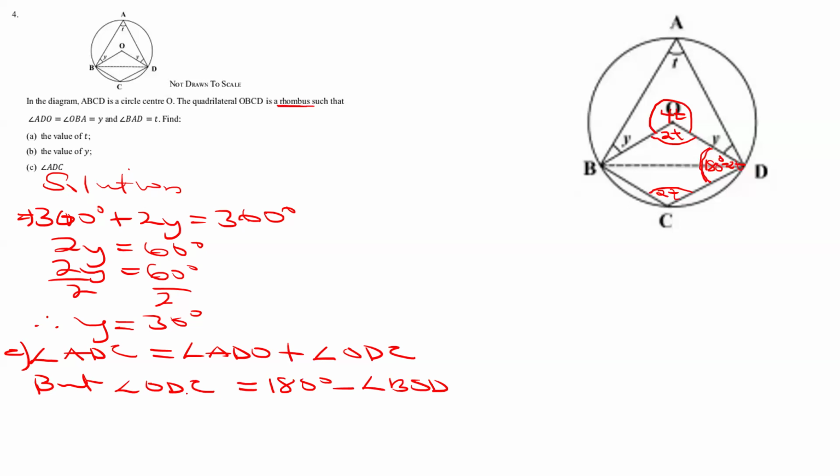Or you can say angle ODC plus angle BOD should be equal to 180. And that would be adjacent angles of a rhombus. But professors, I hope you are following.